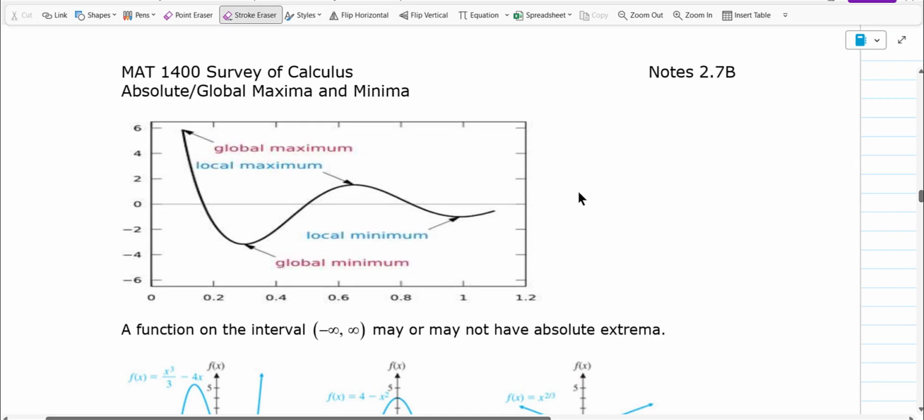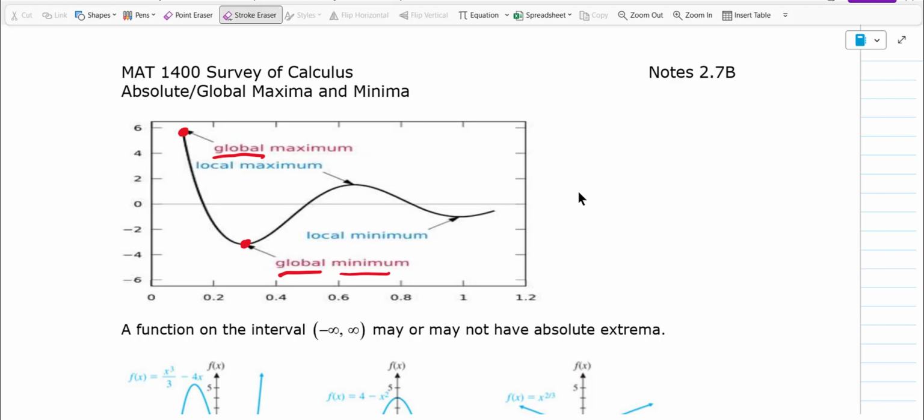So kind of a couple other situations. This is just a good overall view of this. Okay, you'll see I usually use the word absolute; global means the same thing as absolute. So this would be your absolute highest point. That right there is a global maximum or an absolute maximum. This point right here is a global or absolute minimum, okay, because that's the lowest point.